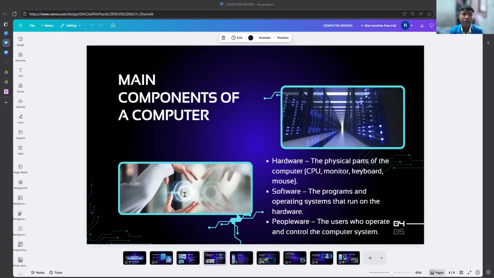Software is like Zoom, ChatGPT, WhatsApp, Facebook, and many things. Hardware is like mouse, keyboard, monitor. So we have many hardware and software in here. People, which is me and you, are the users who will operate the computer or the handphone too.